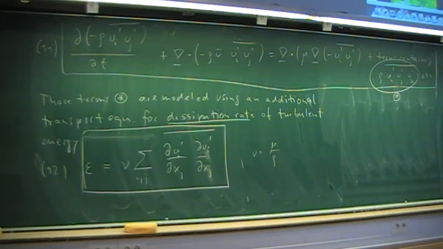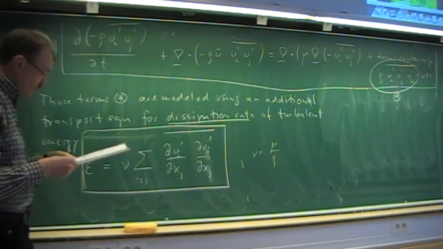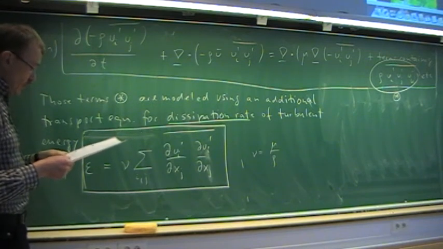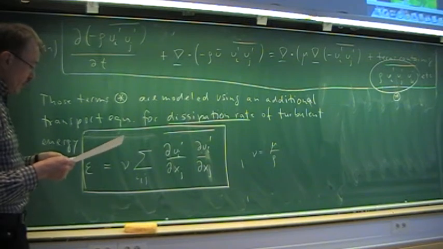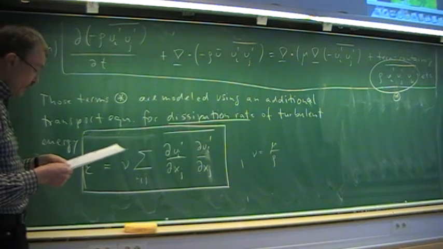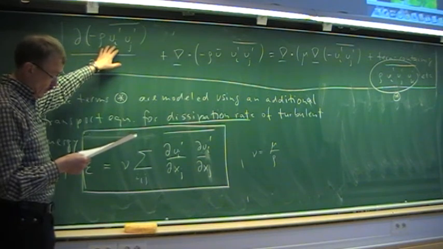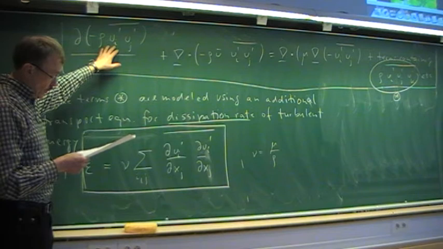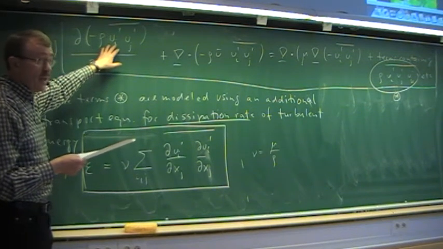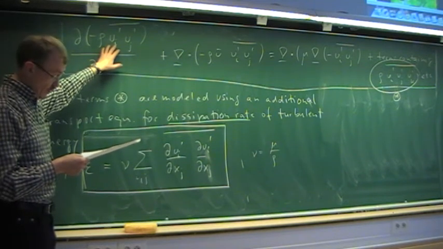So, since the transport equations for the components of the Reynolds stress tensor, minus rho u_i' u_j' average, are modeled for the closure terms in the momentum equation, in the Reynolds average momentum equations.